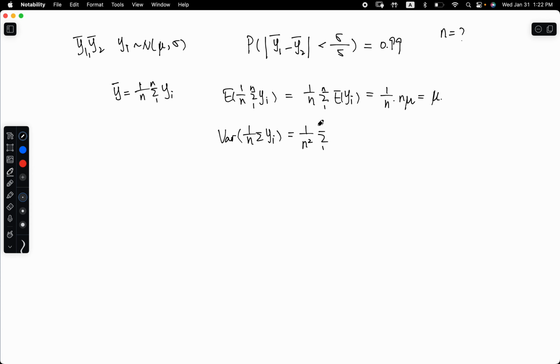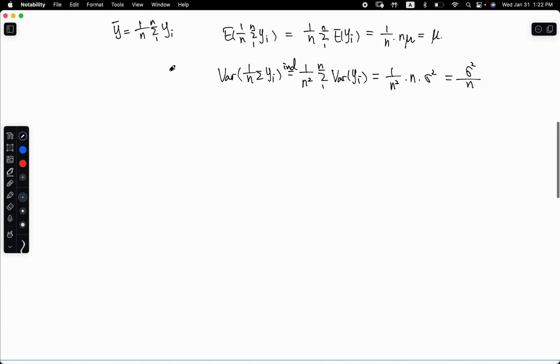And then the summation can also be moved outside the variance, because they are IID, and the variance of yi, again, each of them follows a normal distribution with variance sigma squared. So we have 1 over n squared times n copies of sigma squared, so we have sigma squared over n.